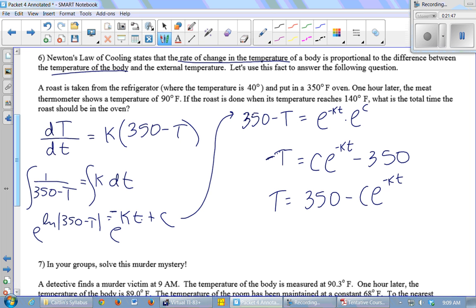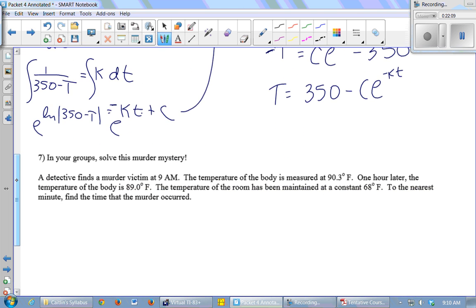Yeah, I have a temperature and the time it takes to get to that temperature. So 1 hour should give me 90 degrees. Do I have any other ones? Maybe the temperature at time 0 is 40 degrees. So T of 0 should be 40 and T of 1 should be 90.